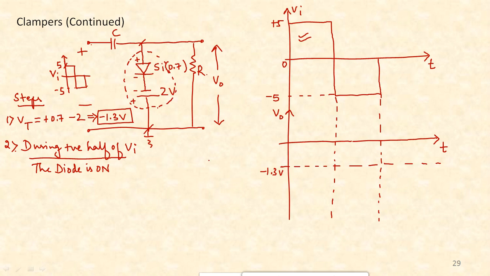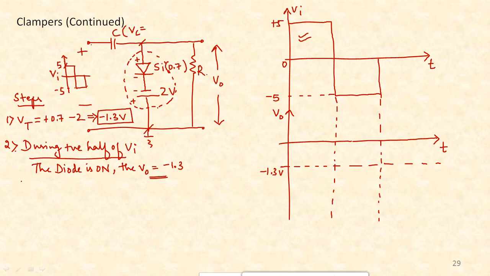During the positive half, the diode is on and the voltage V0 will be equal to minus 1.3.